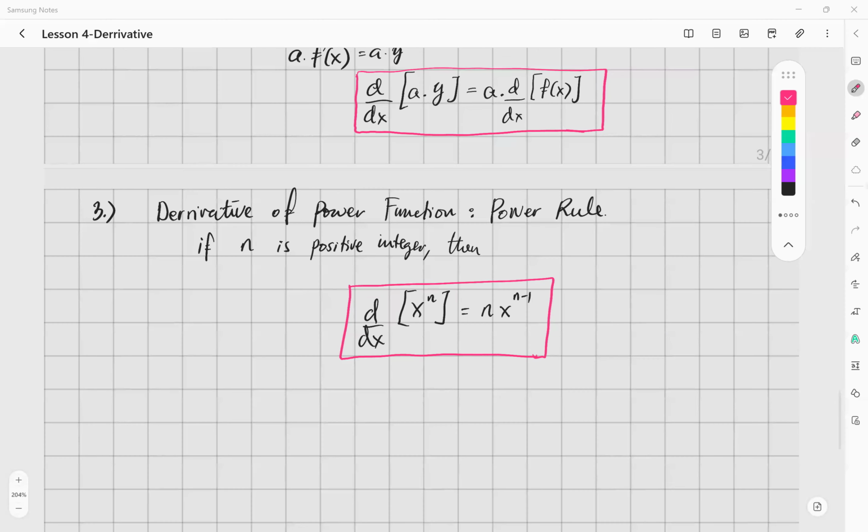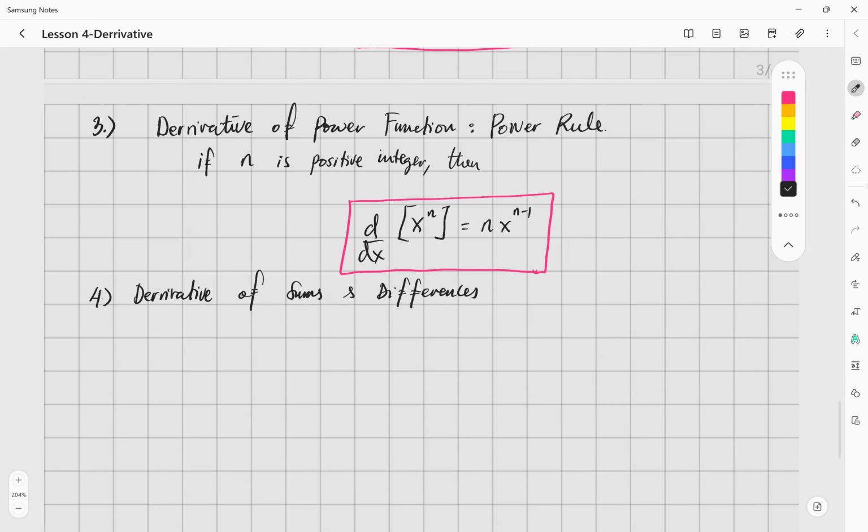Number 4, the derivative of sums and differences. I have two functions, function f or function g.